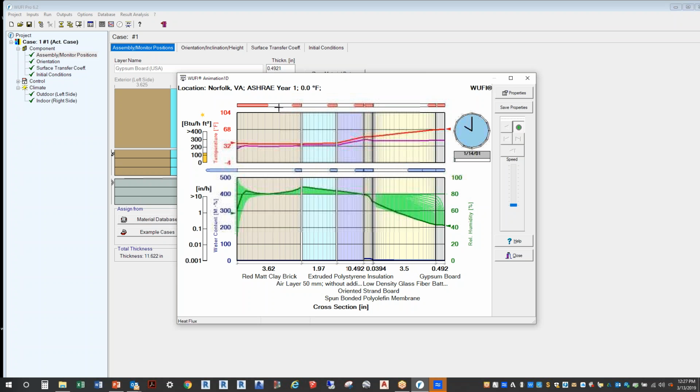The red arrows at the top show you which direction your heat is moving through your wall. The blue line represents the humidity traveling through the vapor pressure. Which direction is the vapor pressure traveling?